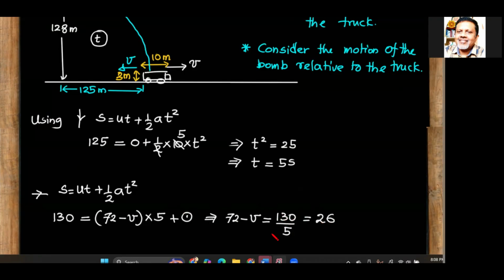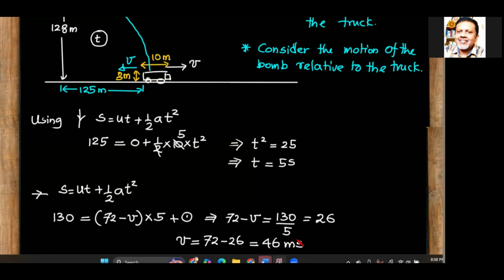So altogether 26. So if you solve this to find the value of v by taking v to the other side and 26 to the left hand side, it is 72 minus 26, right? So that is 46 meters per second.